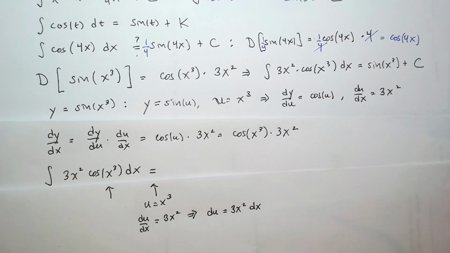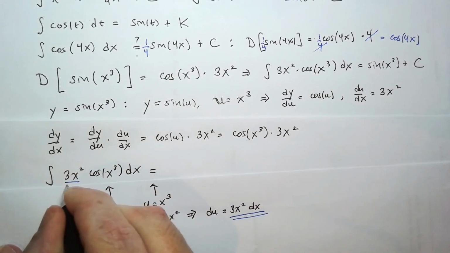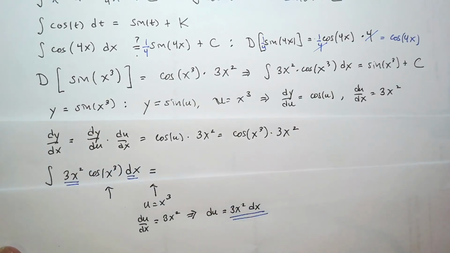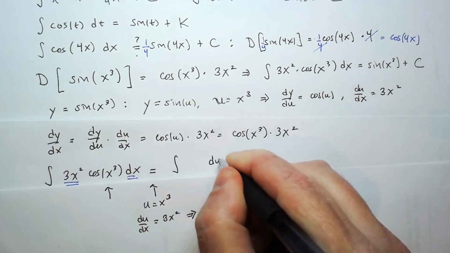Back in differential calculus, this was just some notation that we occasionally found useful, but here with indefinite integrals, we'll find it very useful. Notice that the 3x squared dx I have right here appears in my integral in these two pieces. So I could replace the 3x squared dx with simply a du.